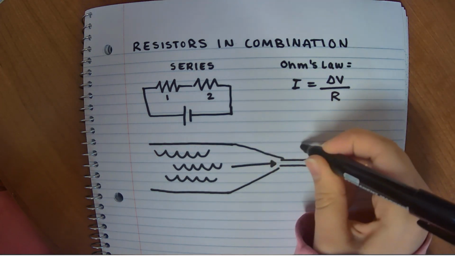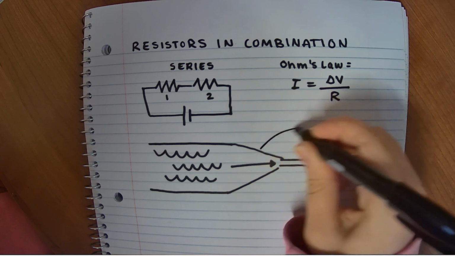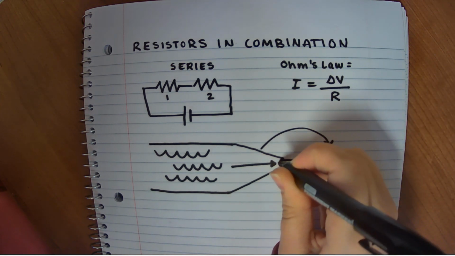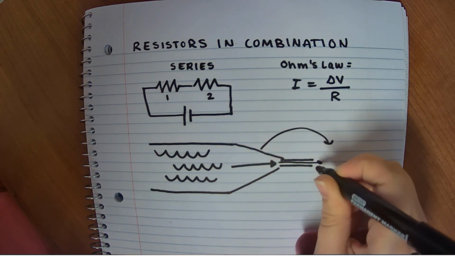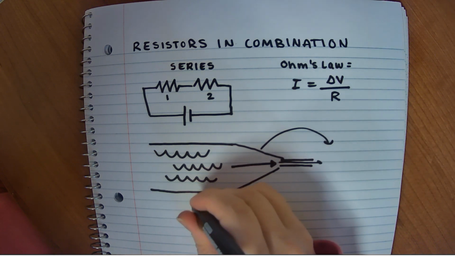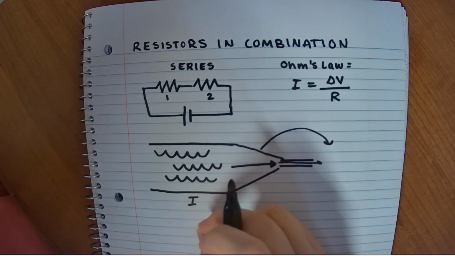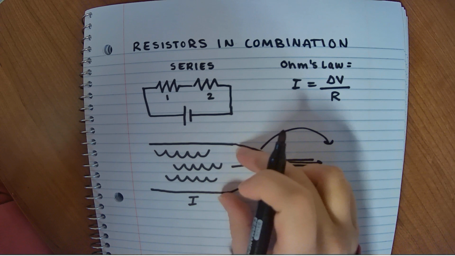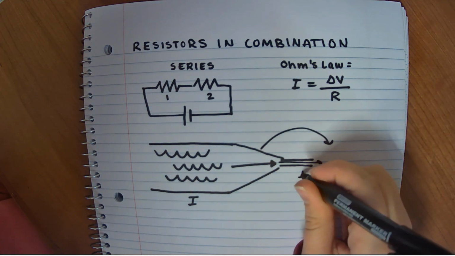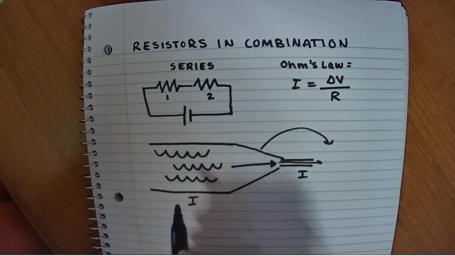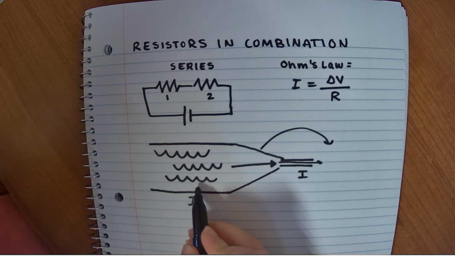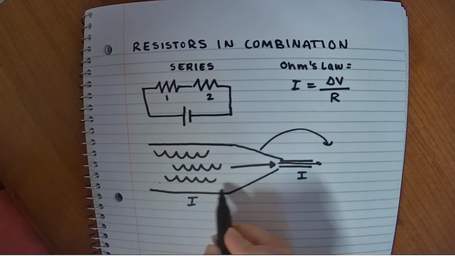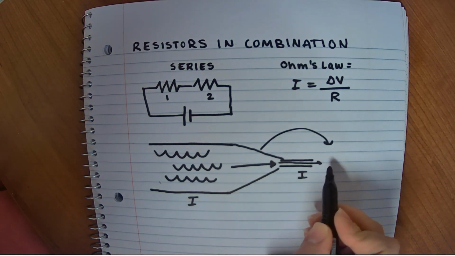There's no way to go around it. There's no way to cut through or anything else. All of the water has to flow through this. So we know that the current of water here is going to be the same as the current of water through here, because it's going to be the same amount of water molecules right here as it is right here. It all has to flow through that.